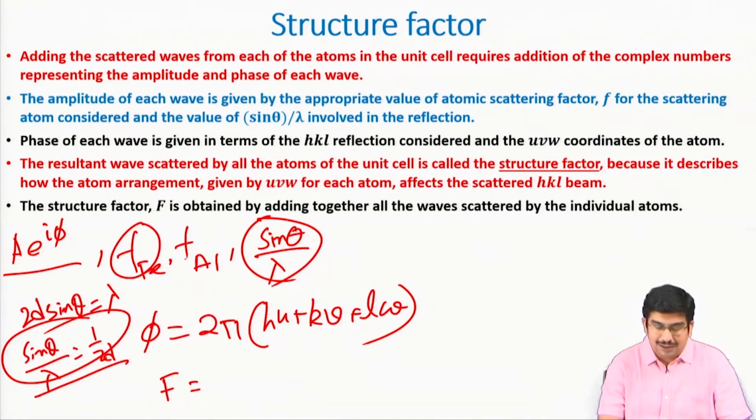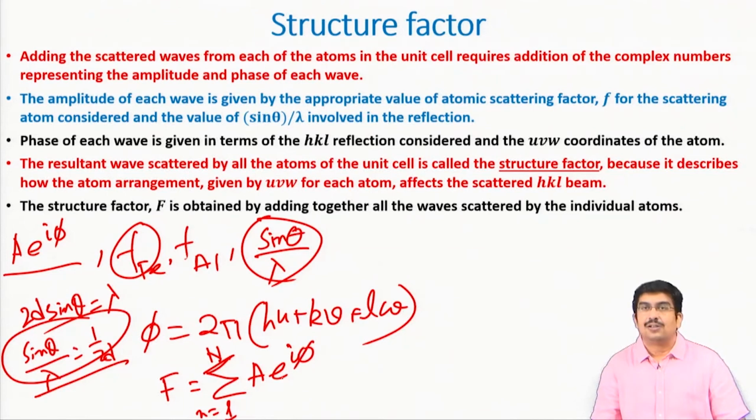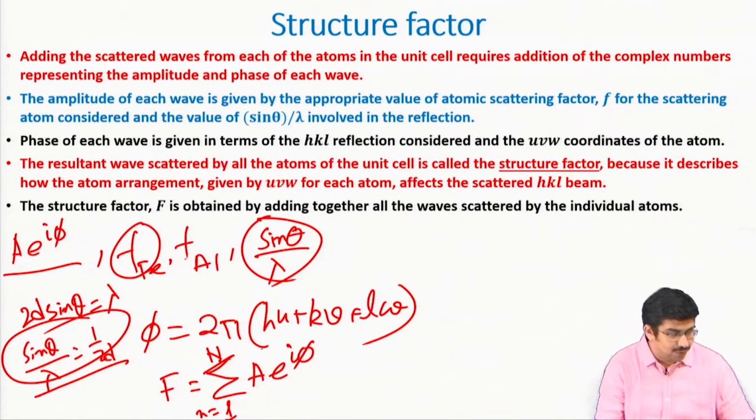We can write that as a summation of, if we imagine that there are N number of such atoms, n equals 1 to capital N, of A_n e^(i phi_n).